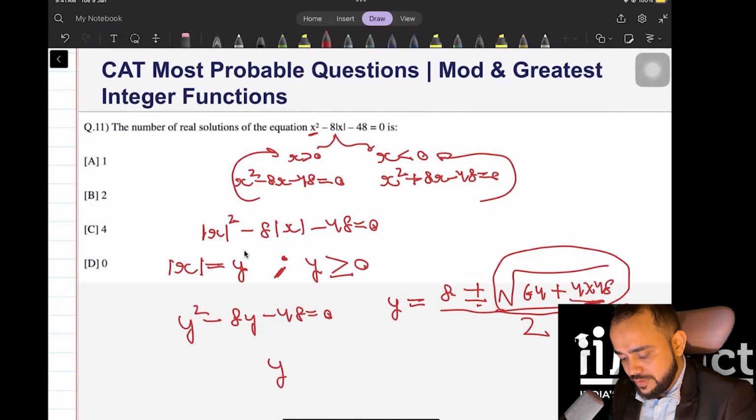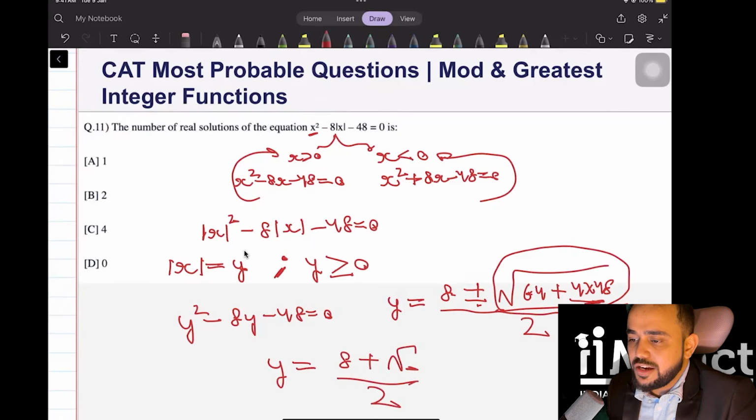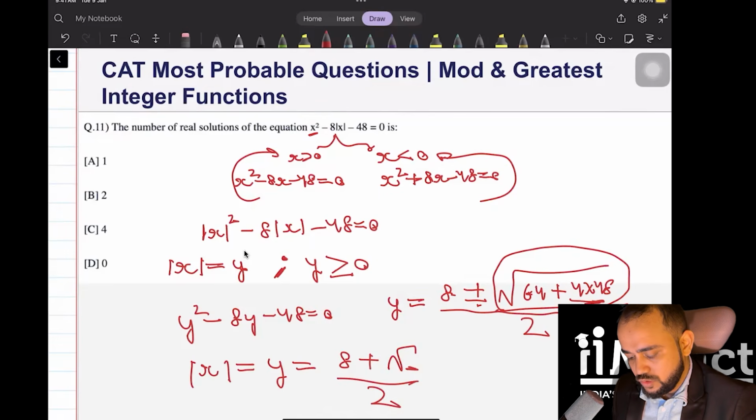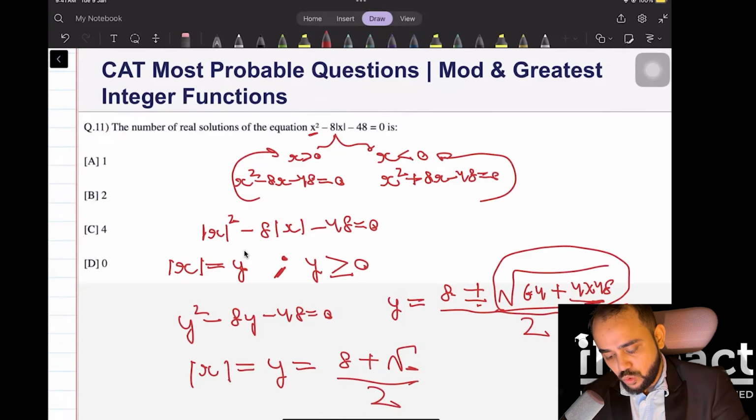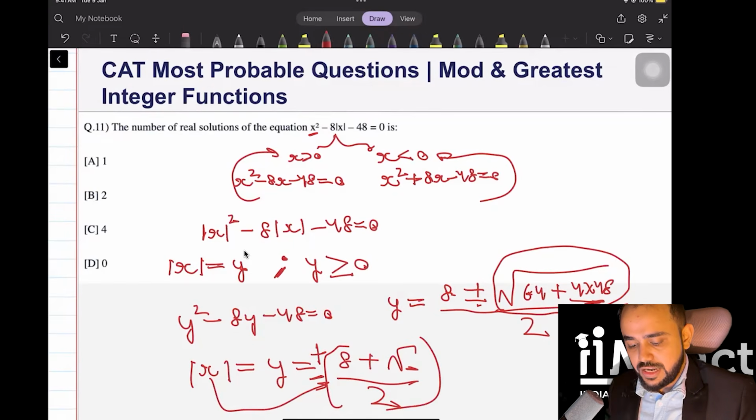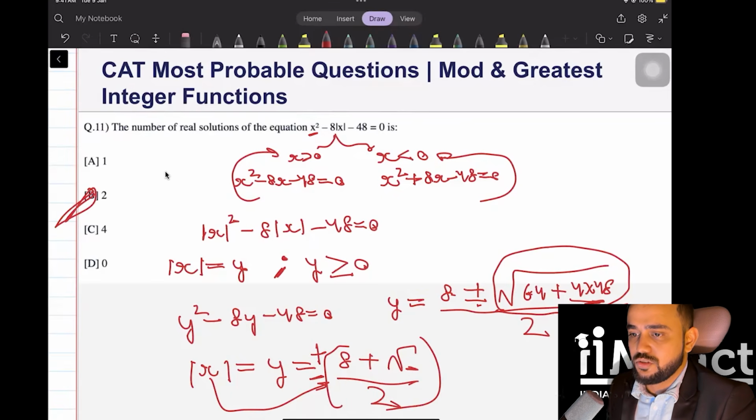So the only value of y that I will have is 8 plus whatever this under root is, divided by 2. And mod x was equal to this. So x can take both the values, positive of this and the negative of this. So you will have two values of x satisfying this particular equation. So your answer will be B.